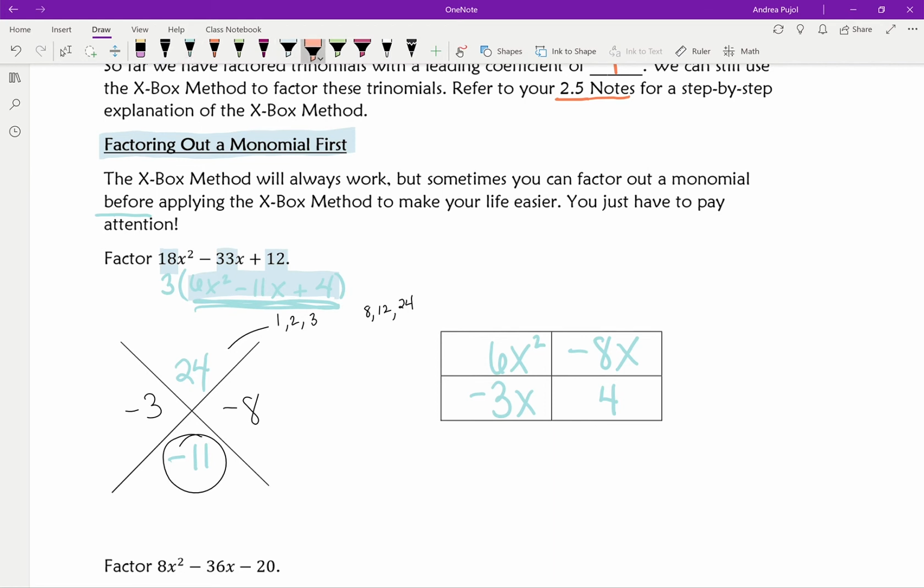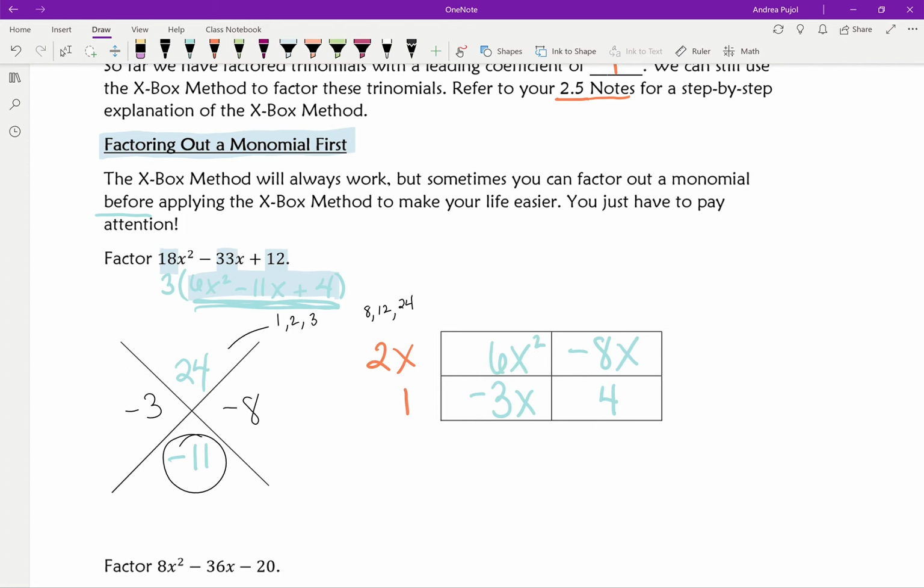Now I'm going to look at the greatest common factors. In my top row, the greatest common factor for the coefficients is 2, and for the variables is x, so 2x is my GCF. Then if I look at my bottom row, negative 3x and 4 don't have any numbers or variables in common, so my greatest common factor is just 1.